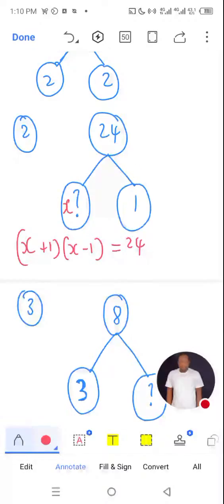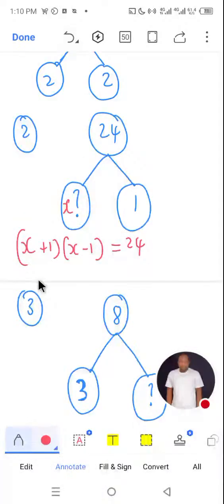This is using algebra. If you have been a very good student of mine, you will know that we've talked about difference of two squares.